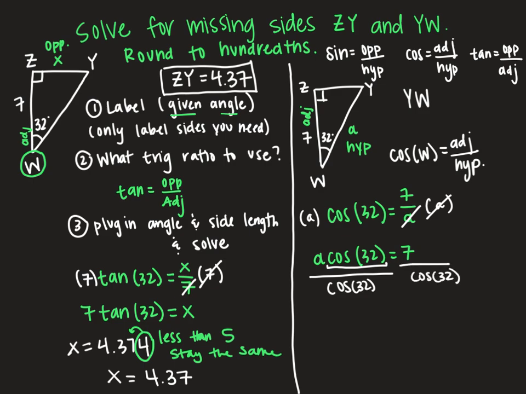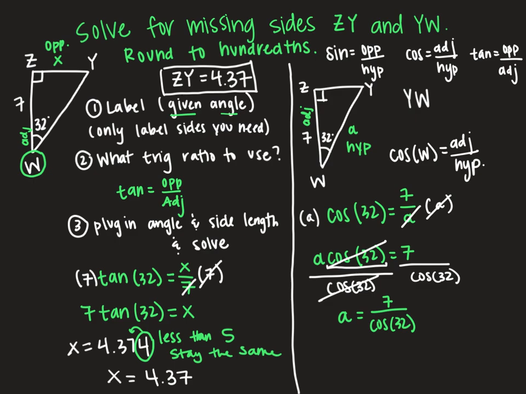I know it does kind of look confusing, but what you're doing is you want to get rid of that cosine of 32 on the left side. Once I do that, these will cancel out, leaving me with just a, which is what I wanted, a by itself. So a equals 7 divided by cosine of 32. Now that I have a by itself, this is what I type into the calculator.